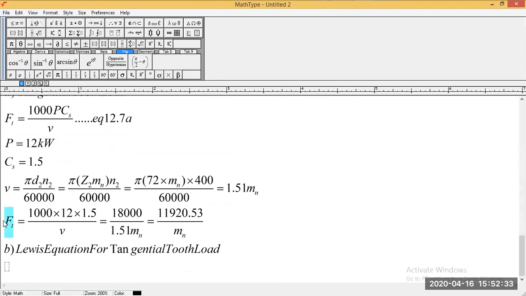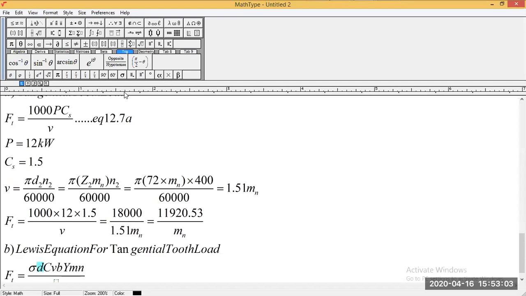Let's see, Ft is equal to sigma d times Cv, V capital Y and Mn.